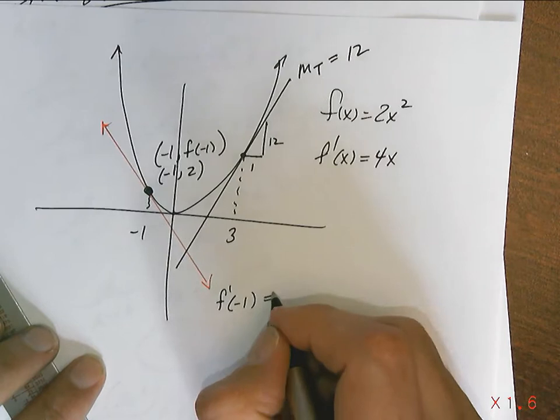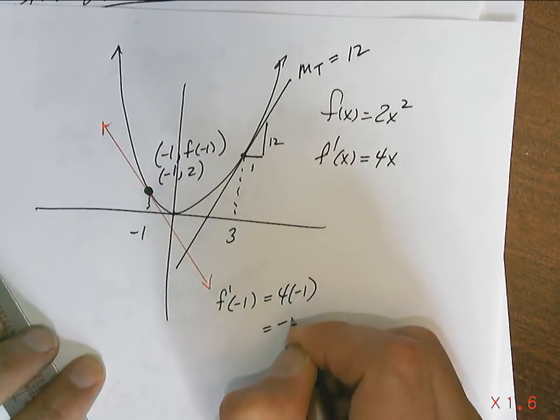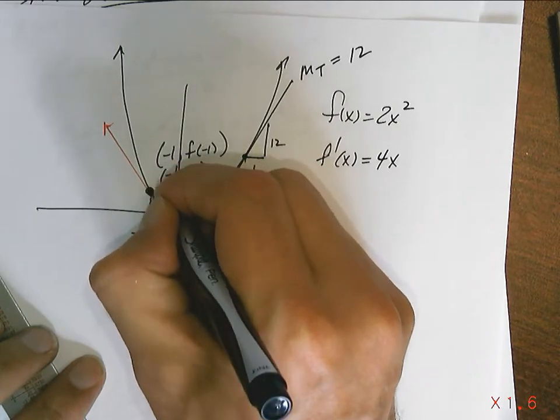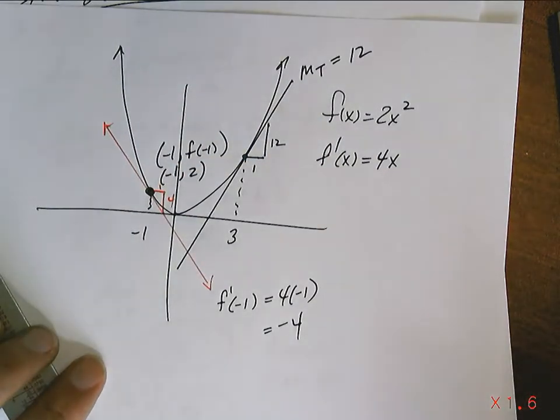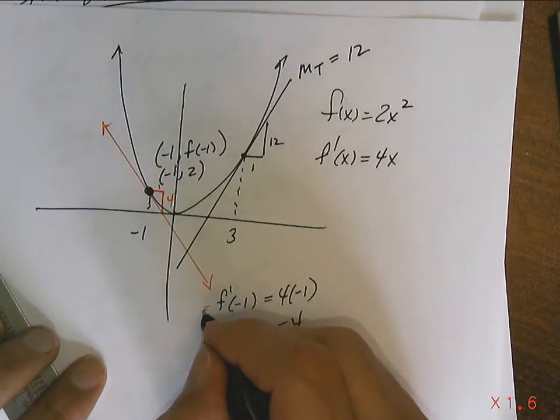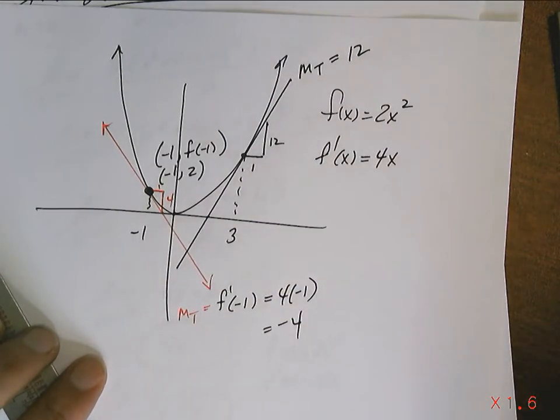F prime is 4x, so it's going to be negative 4, which means that I go over 1 and I go down 4, which is the slope of this tangent line. Yay! That's how it all comes together, kids.